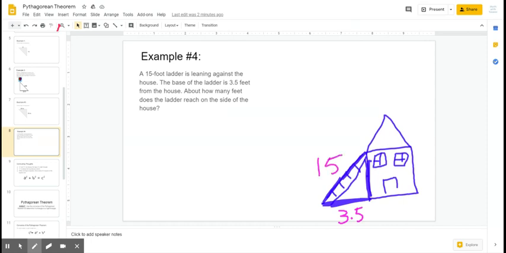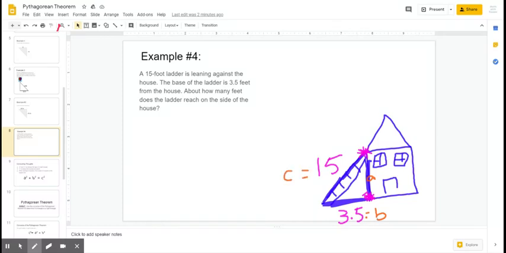So we need to figure out how many feet the ladder reaches on the side of the house. So we need to figure out the length from down here to up here. And it makes a right triangle. So I'm going to call that missing piece A. We're going to call this B, and we're going to call this C.